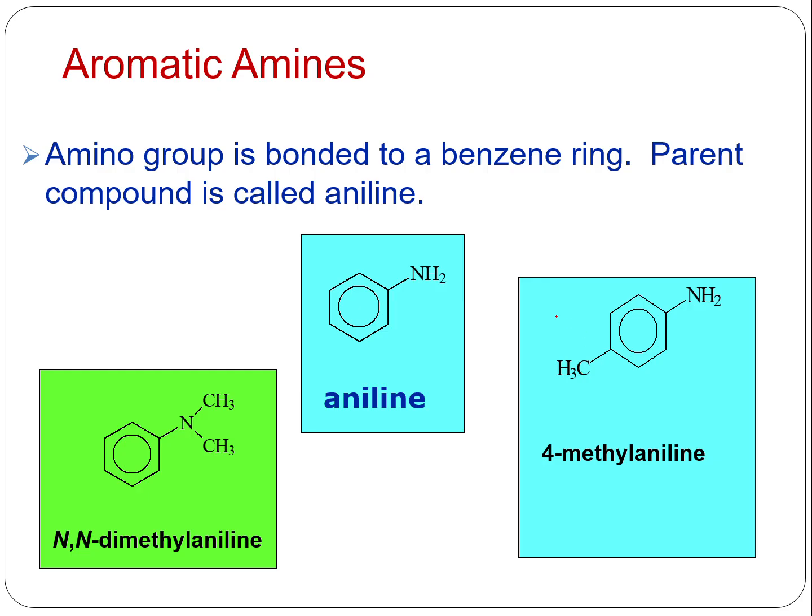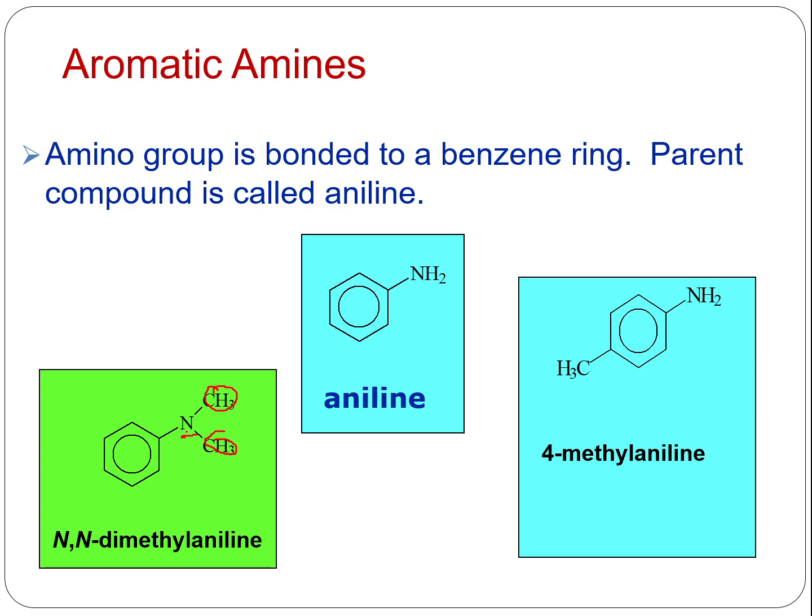When there are substituents on the nitrogen of aniline, then they will be named according to the substituents that are there on the nitrogen. For example, if we see the first compound, there are two CH3 groups, and these two CH3 groups are substituted on the nitrogen of the aniline.